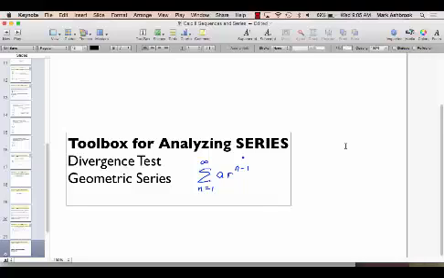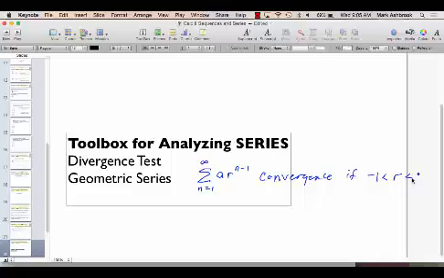Okay, that series converges, so if that sequence goes to 0, then the series converges for a geometric series. And how does that sequence go to 0? Right, so this converges if r is between negative 1 and 1.